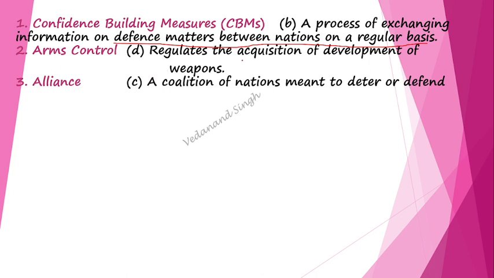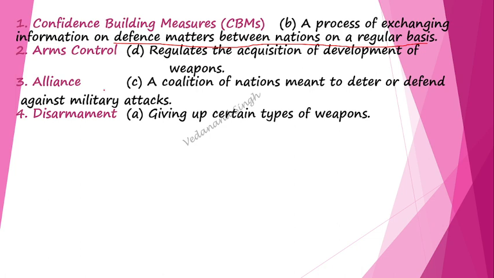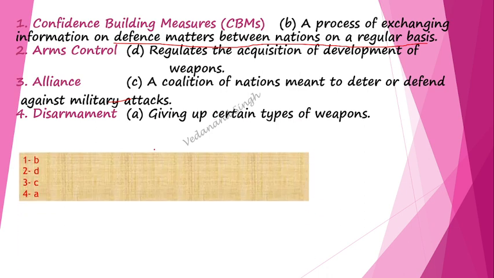An alliance means a coalition of nations meant to deter and defend against military attacks. And the last is disarmament. It is the giving up of certain types of weapons. Whenever you write the answer in a notebook, you write like this: A, B number, second D, third C, and fourth A. You match like this, and this is a short way to write the answer.